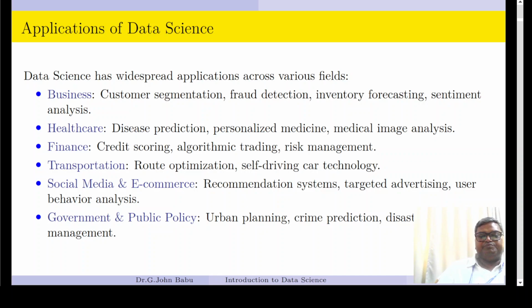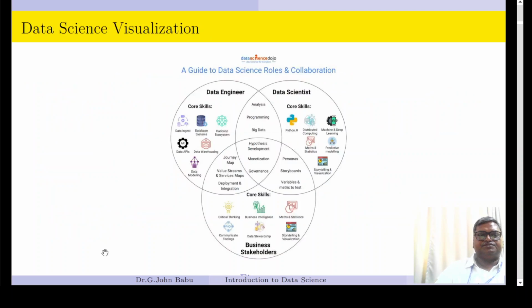Even in government and public policy, urban planning, crime prediction, disaster management, earthquake prediction, flood prediction, helping people in floods and disasters, all these require an enormous amount of data. And all these can be labeled as applications of data science.